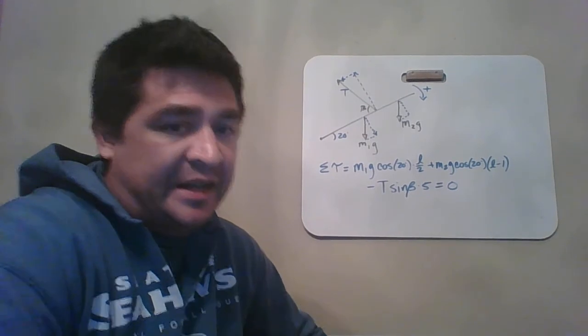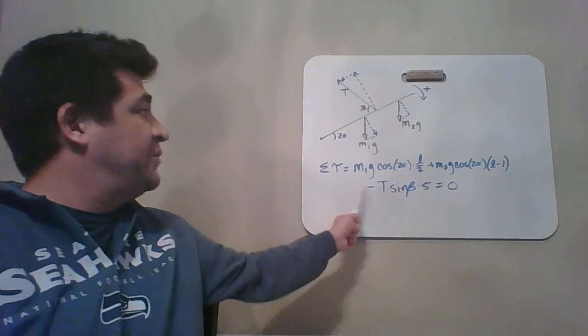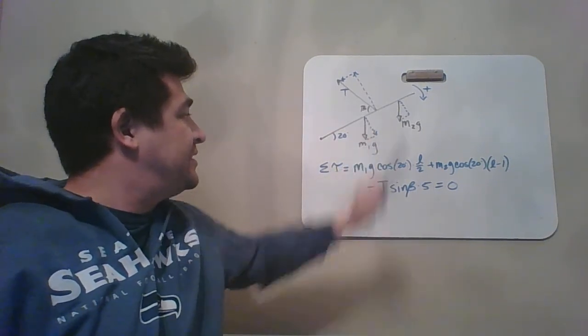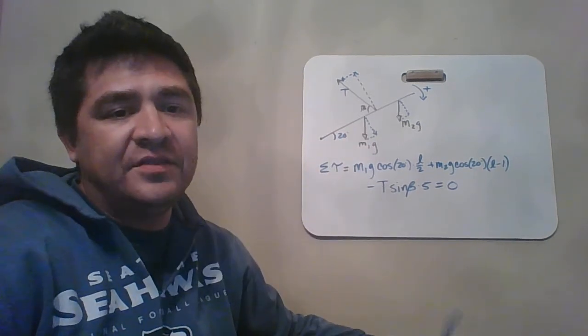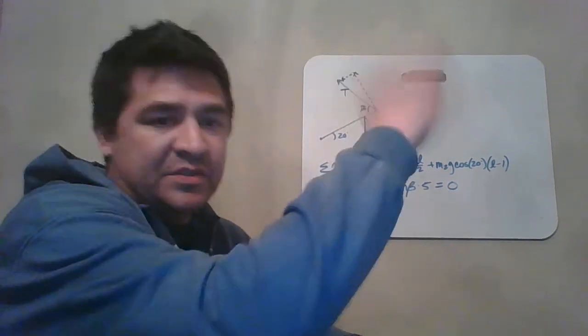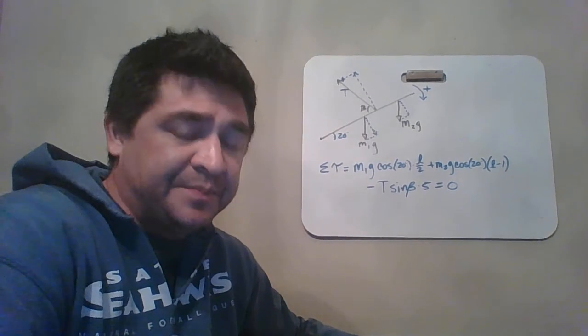So we've got beta now, and we've got our 20 degrees. Then our torques are M1G cosine 20, finding this component here, right? This is our 20 degrees, times L over 2, because the center of mass is acting at half of the given length of the bridge. I'm going to call the falling bridge the positive direction for rotation.